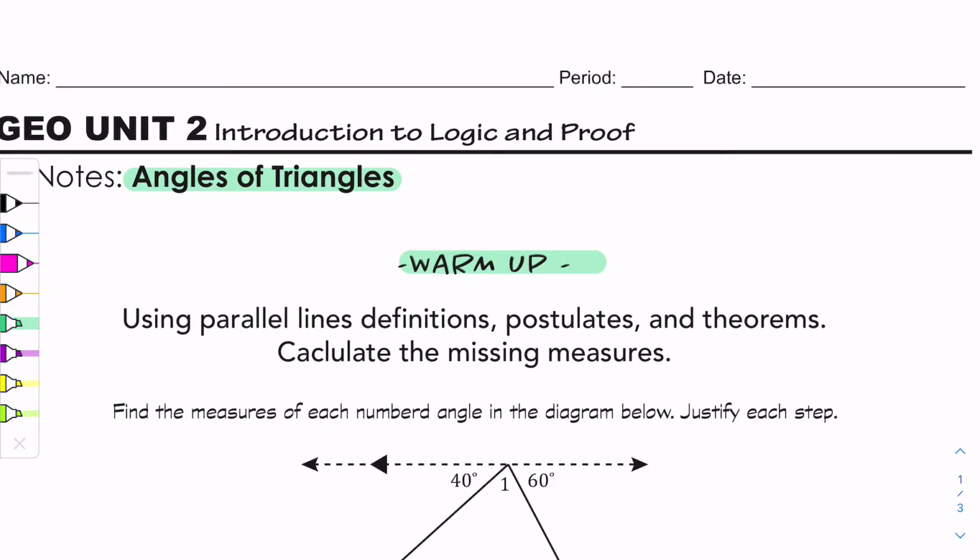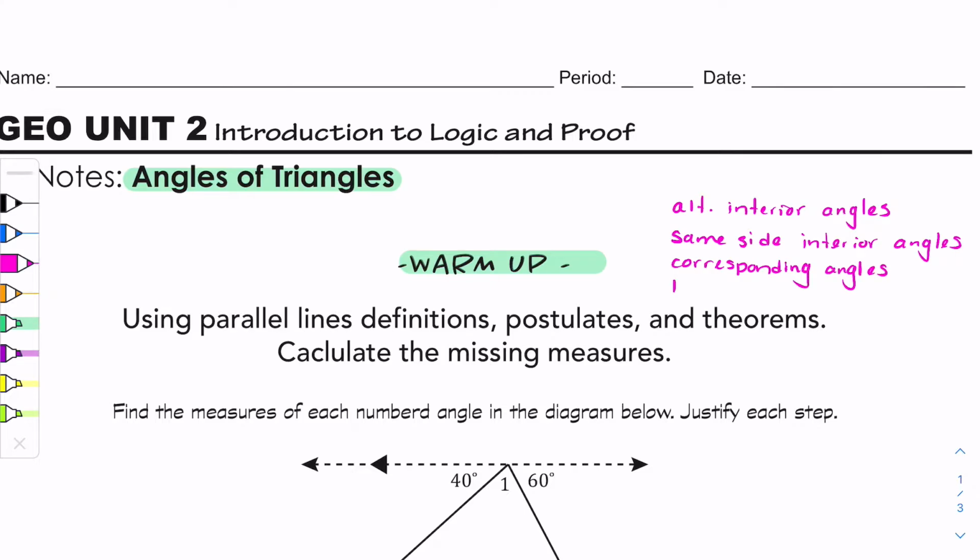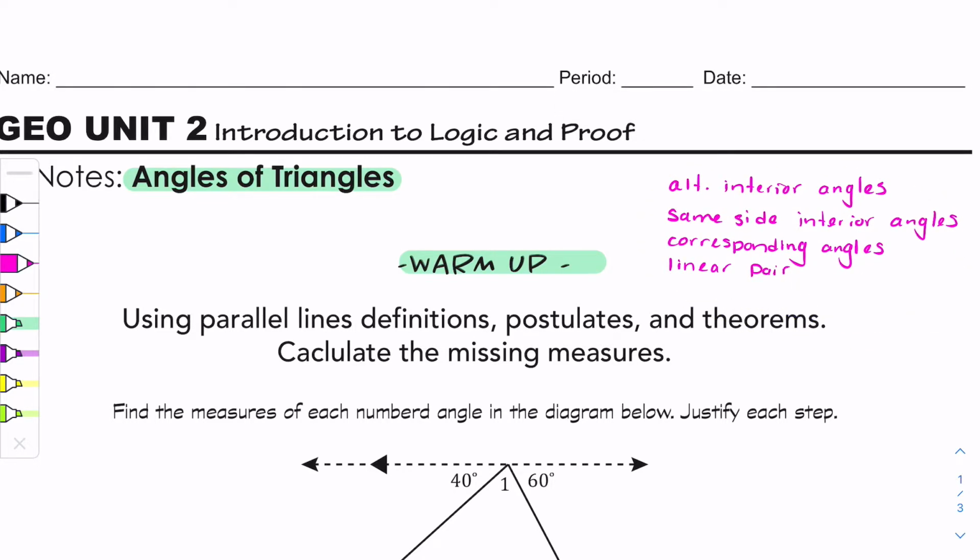So just a quick refresher, you have alternate interior angles, you have same side interior angles, we have corresponding angles, we also worked with linear pairs, and lastly we worked with vertical angles.